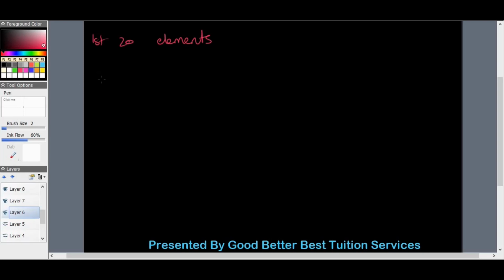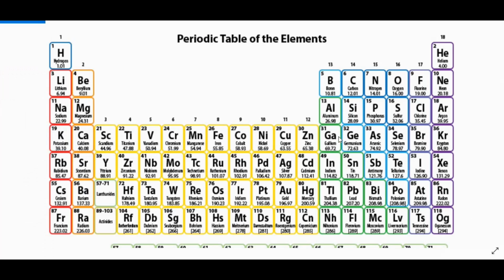So that means we start all the way from hydrogen, and we go all the way down to the 20th element, which I think is zinc. All right, let me just have a look here. Oh no, that's wrong. Sorry. Calcium is actually the 20th one. Zinc is actually the 30th.